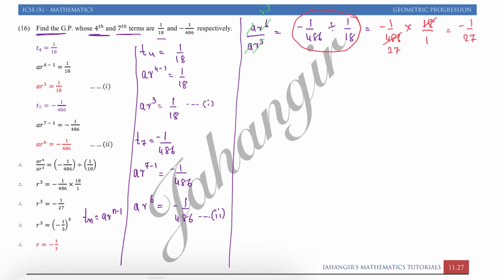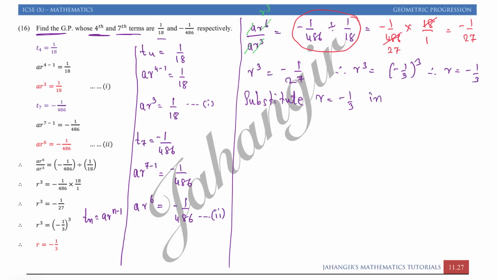So finally you can write R raised to 3 is equal to minus 1 by 27. So therefore R cube is equal to minus 1 by 3 cube. So therefore R is equal to minus 1 by 3. Now it's simple, we will substitute R is equal to minus 1 by 3 in equation 1.